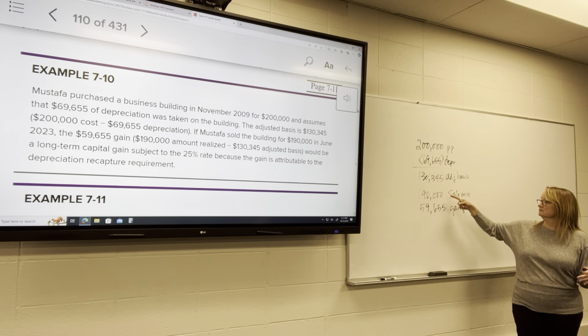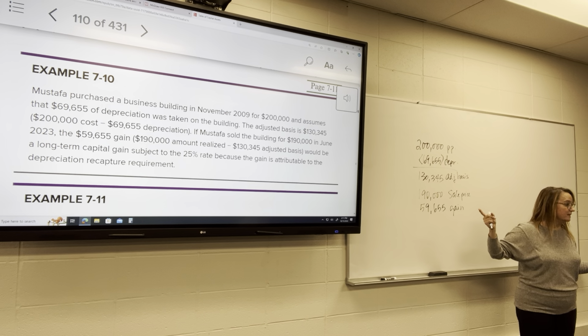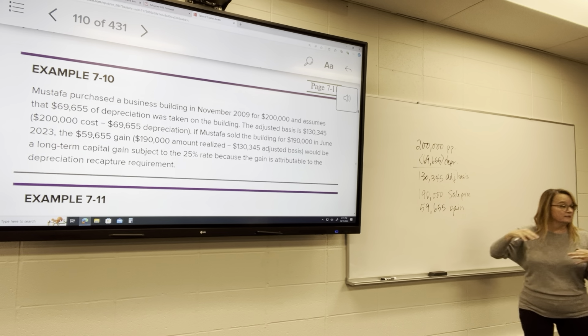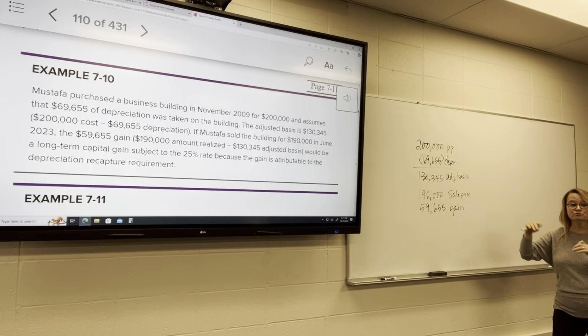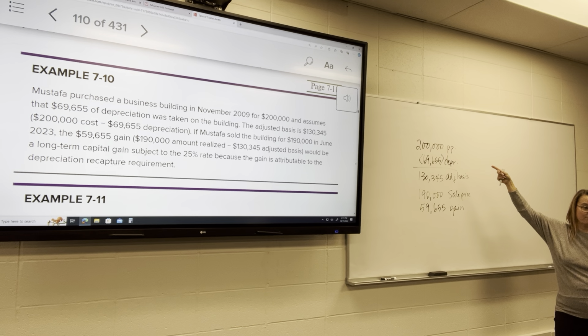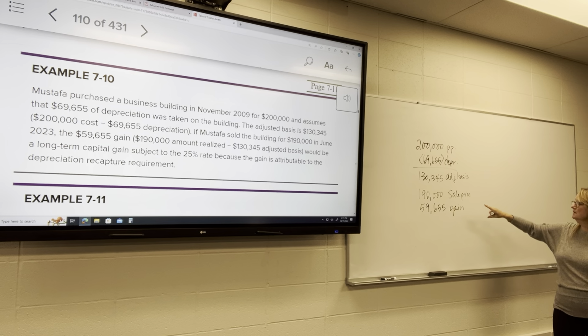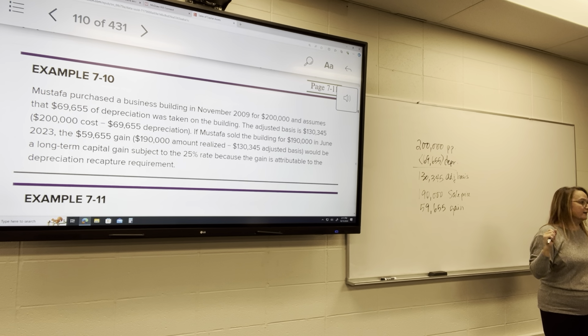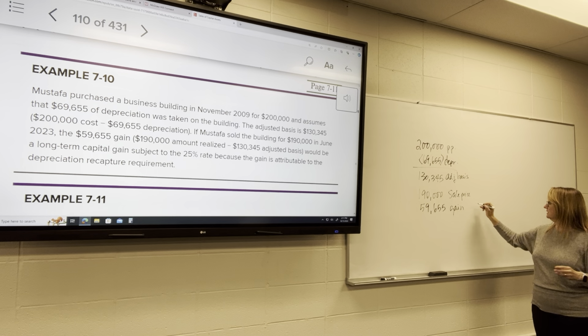None of it is due to appreciation of the property. The capital gain part and the preferential treatment can only be due to an appreciation of that property, not a depreciation of that property. So therefore, they're going to tax this at a higher tax rate, that 25% tax rate.